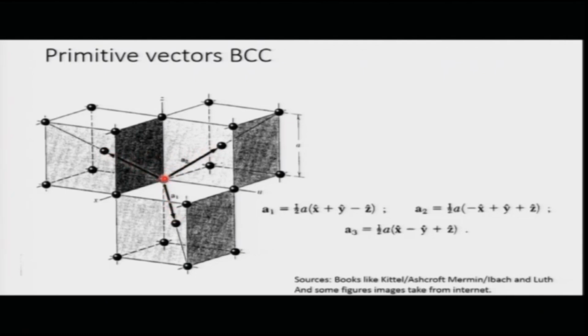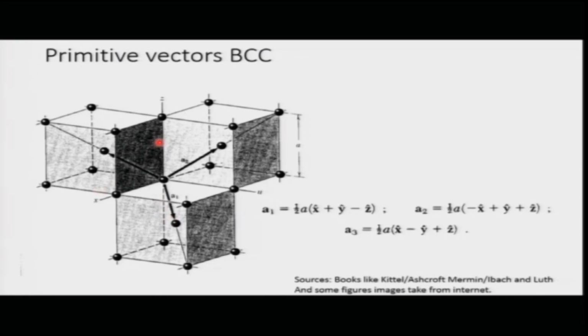So, from one corner of a cube, the vectors are pointing towards the body centered point, which is sitting in the adjoining BCC lattices. It is pointing towards the adjoining BCC points.